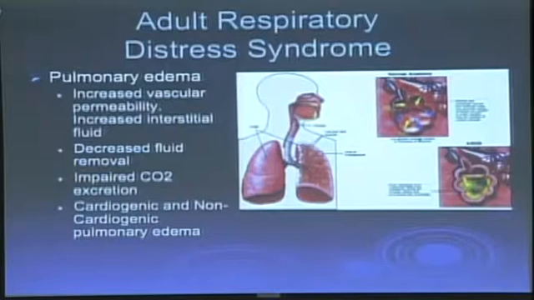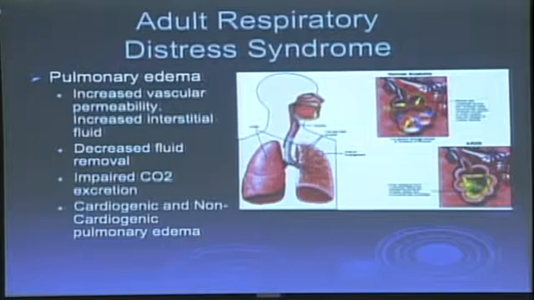Increased vascular permeability, so the alveolar capillary leaks because of injury to it, and you get increased fluid interstitially, or you have increased hydrostatic pressure, which means that the heart isn't pumping forward and you're getting increased pressure in the venous system, and then you leak fluid into the interstitial space. So that's classic cardiac pulmonary edema.